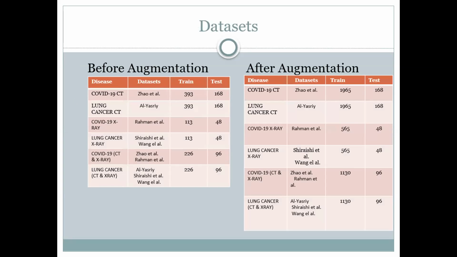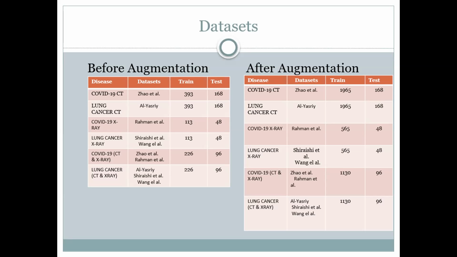Our data set was gotten from images available on the internet, and we got CT scans and X-ray scans, and we were able to train and test. The ratio of our training to test is 70 to 30. So we split the images 70-30, 70% for training and 30% for testing. This is the image augmentation.